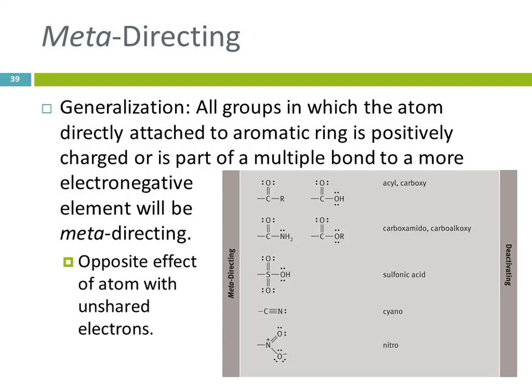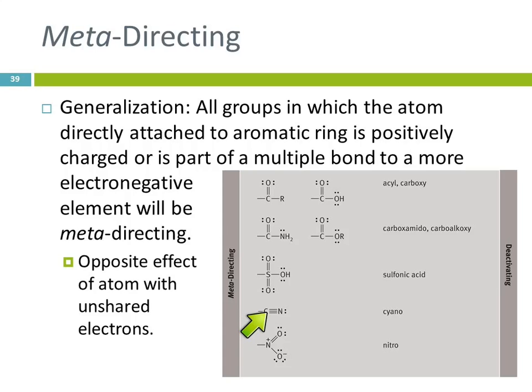Meta-directing groups, what we see with these is that the atom bonded directly to the aromatic ring is either positively charged or it's part of a multiple bond to a more electronegative element. So these are the meta-directing groups. Here on this nitro group, this nitrogen actually has a +1 formal charge.